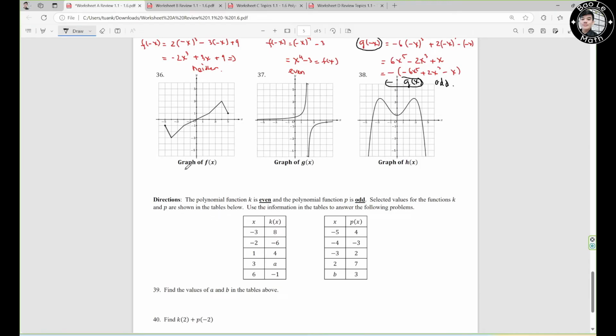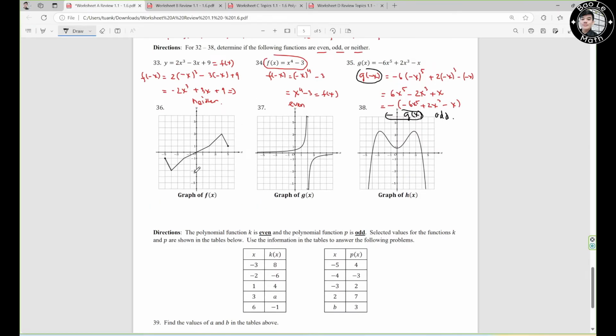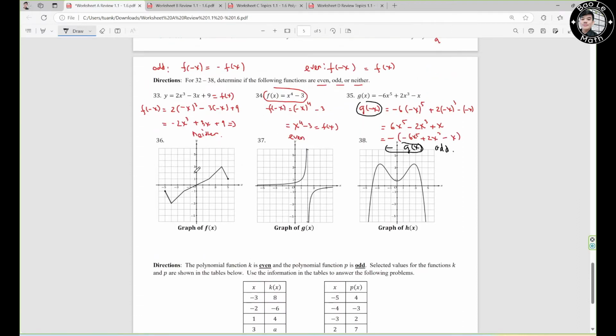Now look at number 36. Keep in mind, if the function is even, it's going to be symmetrical about the y-axis. If the function is odd, it's going to be symmetrical about the origin. The point right here is 4, 3.